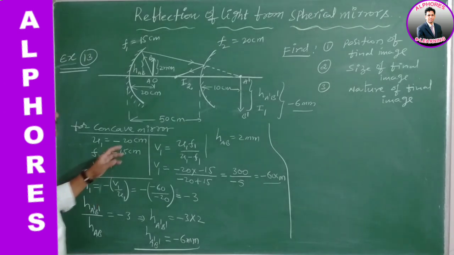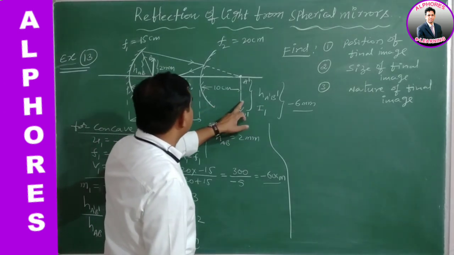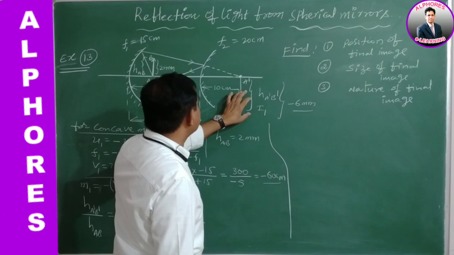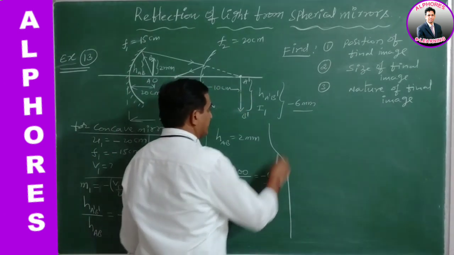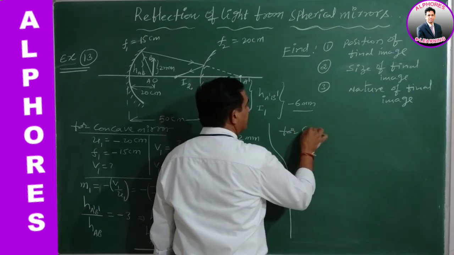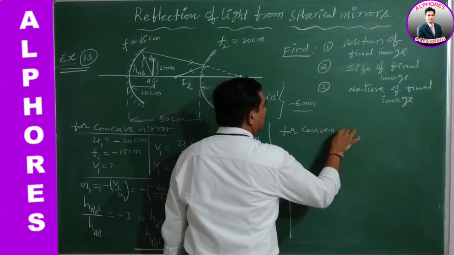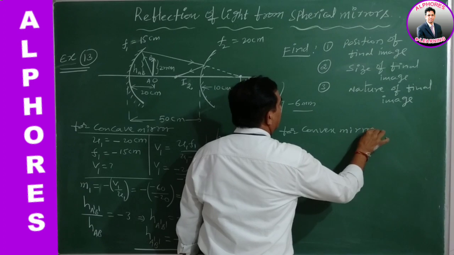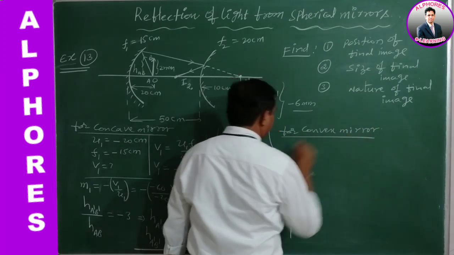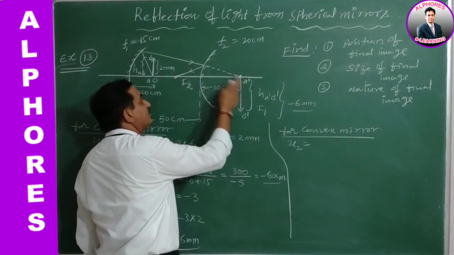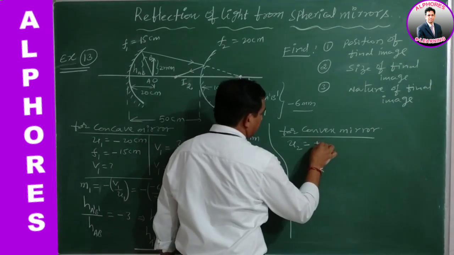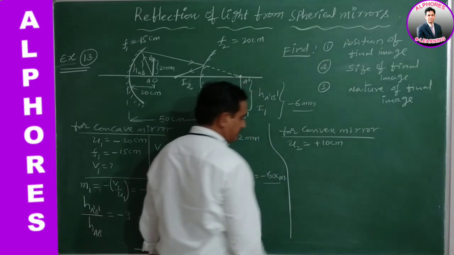Next, this image serves as a virtual object to the convex mirror. For the convex mirror, the object distance U2 is equal to, since this is a virtual object, by sign convention plus 10 centimeters.